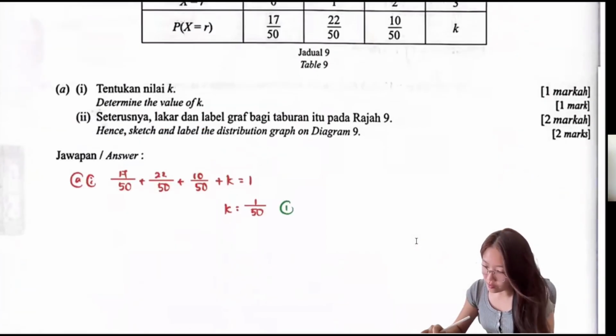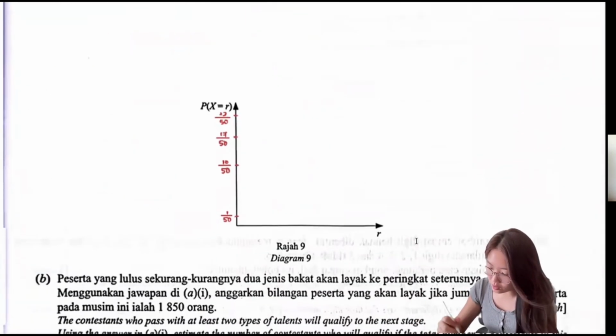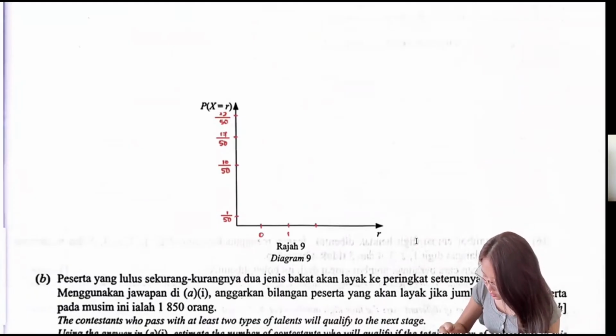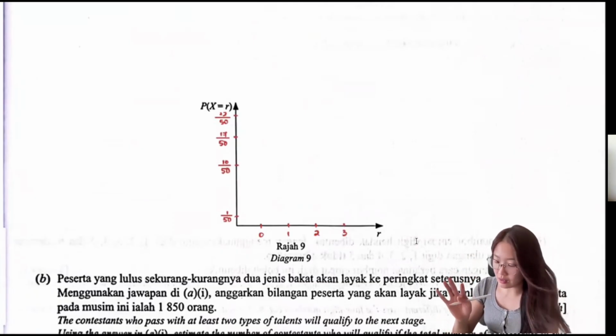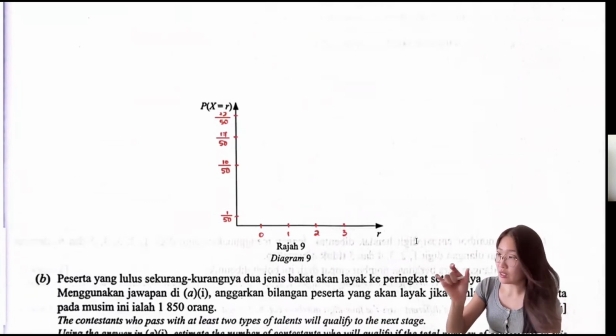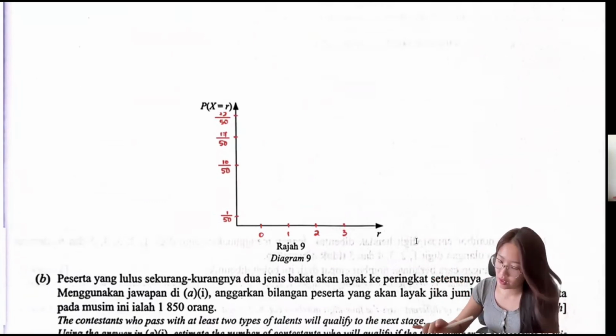Then your x, you have 0, 1, 2, 3. This is not the normal graph. The 0, you can bring it out. This is an event: 0, 1, 2, 3. The gap between the numbers, try to make it not closer, about the same gap.